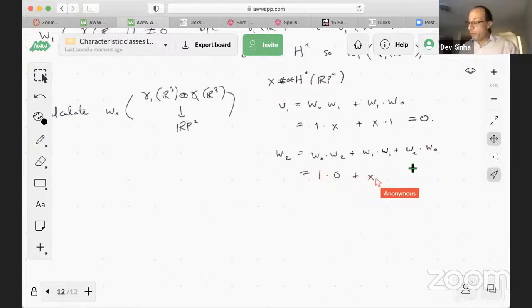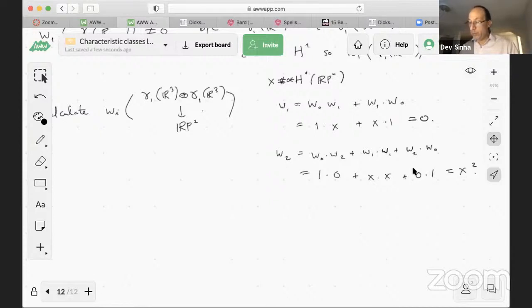But these W1s are both X, because it's 2 copies of the same bundle, and W1 we just argued was that non-zero class in H upper 1. And then the third term is that, so this is just X squared. And so that's not 0. So that's an example of a non-zero W2.